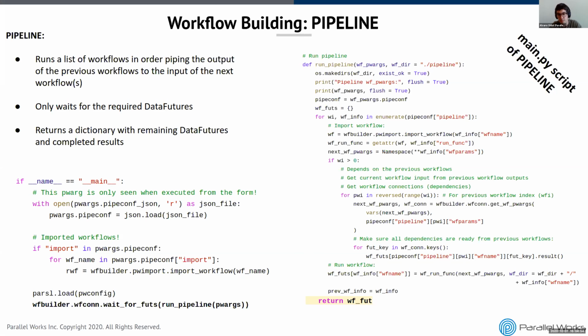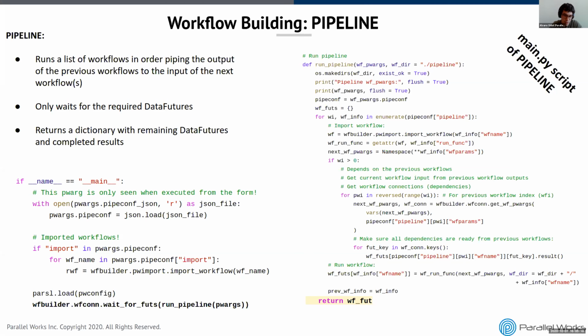I'm showing the main.py on the slide. In this case, it's not very long, so it fits. And you can see that it returns a dictionary with the workflow features. And when the workflow is executed directly, it waits for these features using the wait for futures function.